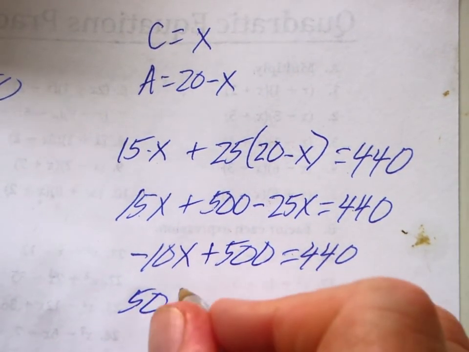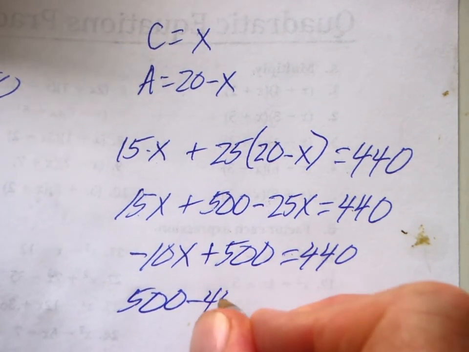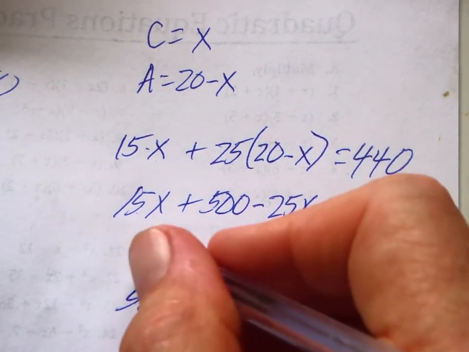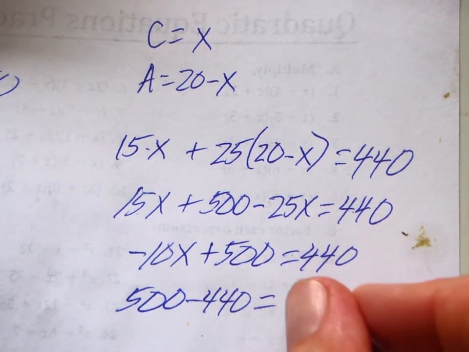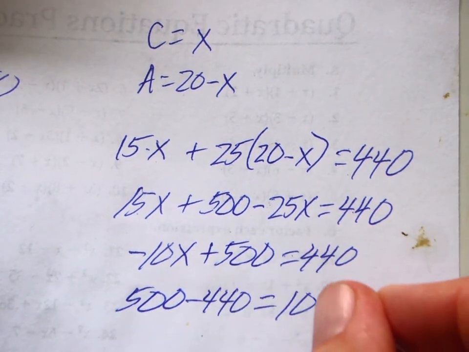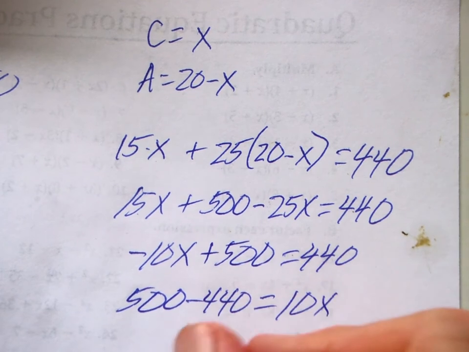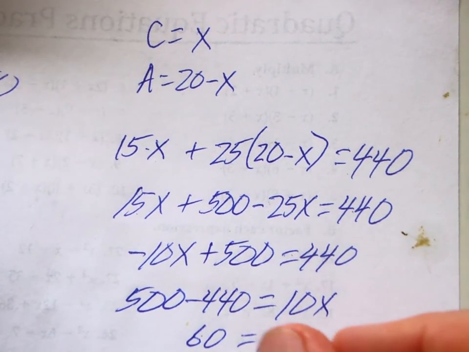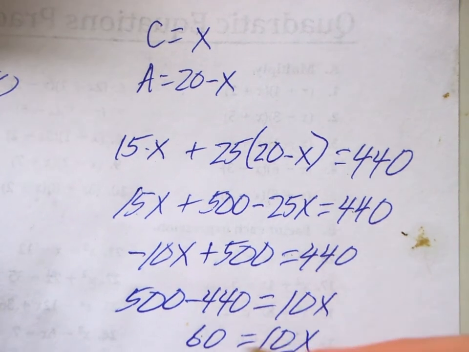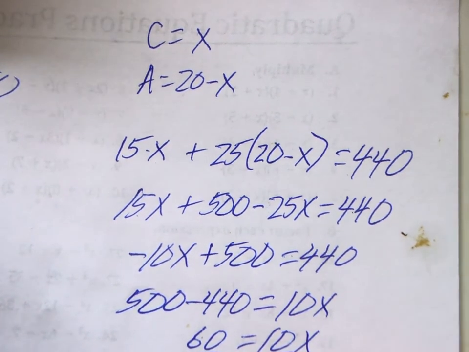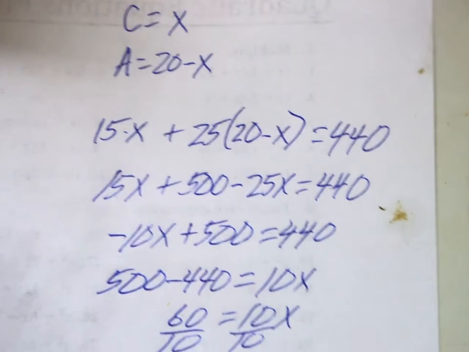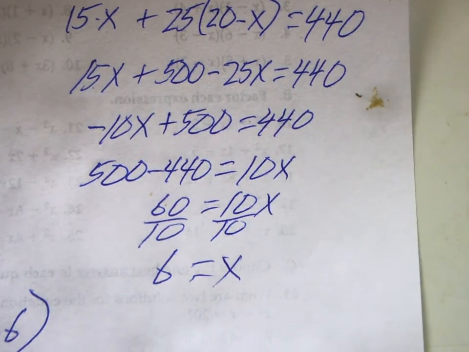So I get 500 minus 440. In a way, I moved it over to the other side, but you subtract. I'm going to move this to the other side, so I have to make it positive. I'm adding 10x to both sides. This is 60 equals 10x, and then you divide by 10, and you get x. The number of children's tickets is equal to 6. Ta-da! You see how I got that?